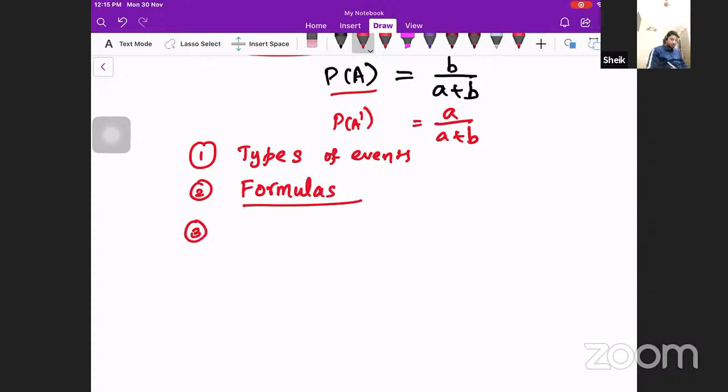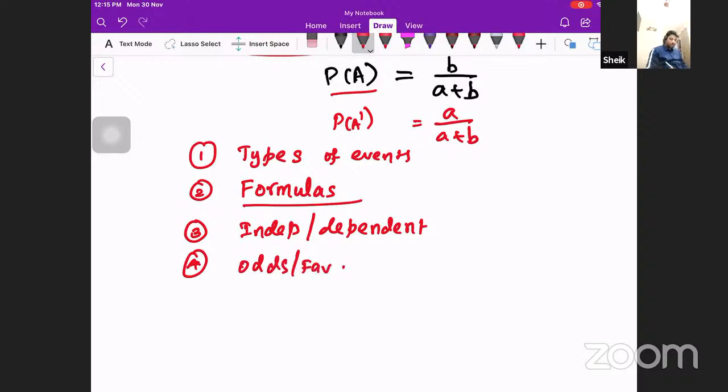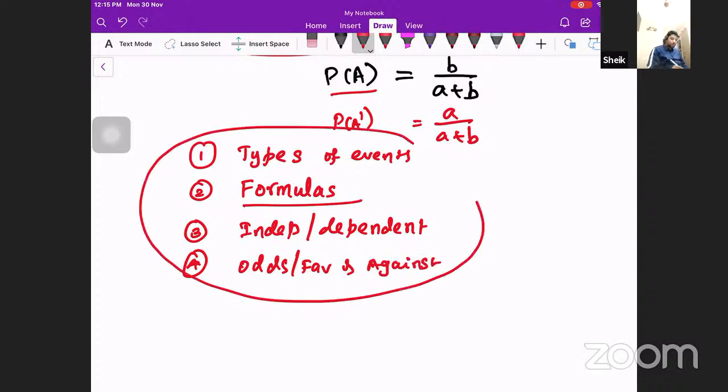Third, the special events: independent event and dependent event. And today we are discussing odds in favor and against. So these are the things we are discussing.